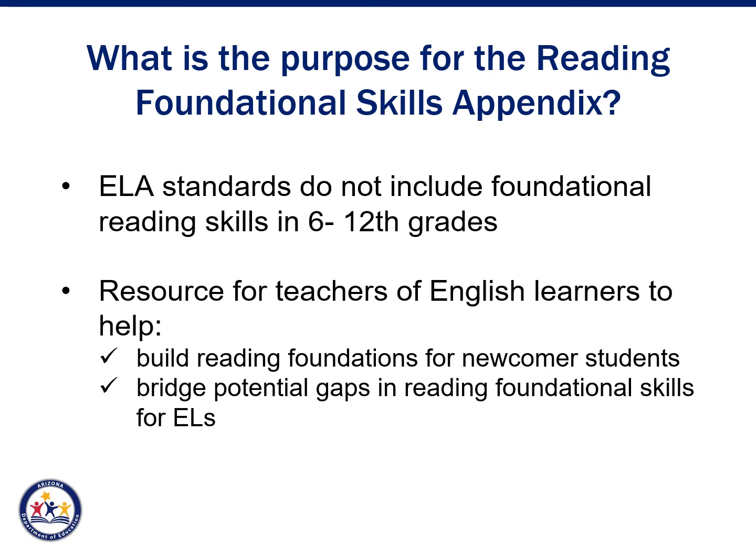For teachers of English learners, this means it's necessary to have a complete understanding of the foundational language skills and a willingness to scaffold literacy learning to meet students' language needs regardless of grade level. Because the ELA standards do not include foundational reading skills for grades 6 through 12, this appendix is meant to be a resource for teachers of ELs as they help students make these important foundational connections while acquiring English.